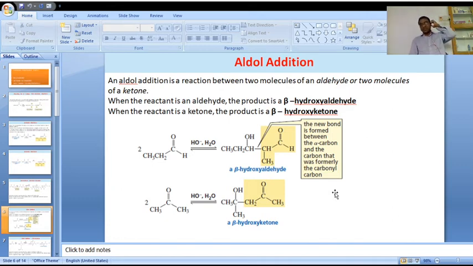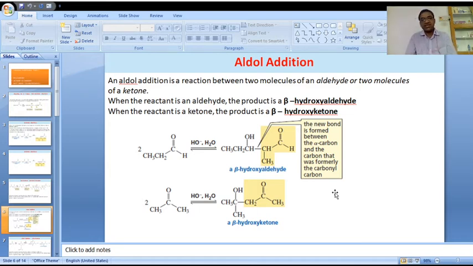An aldol addition is a reaction between two molecules of an aldehyde or two molecules of a ketone.